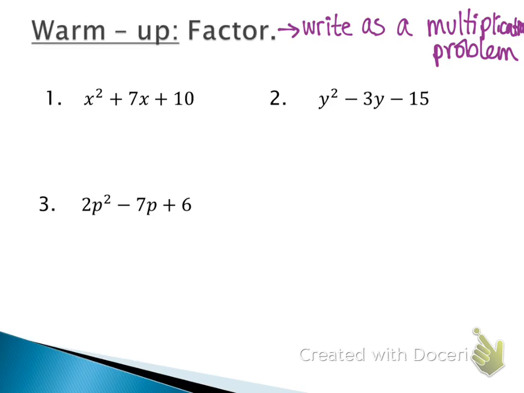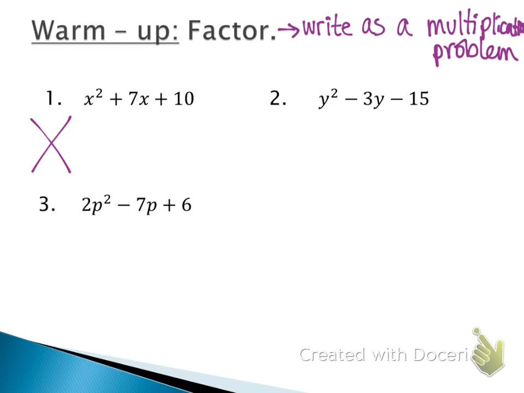No, so then we ask ourselves, how many terms does it have? 3 terms on number 1. 1, 2, 3. Then we ask ourselves, is the leading coefficient equal to 1? Yes. So does anybody remember what method we use then? The X method. Very good.